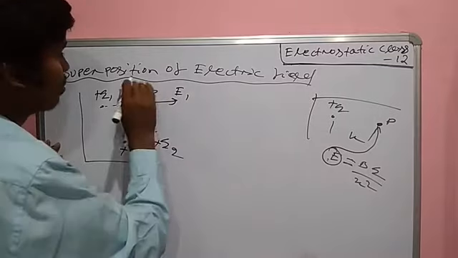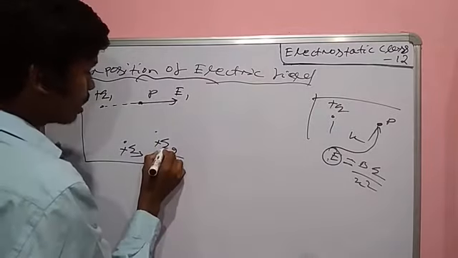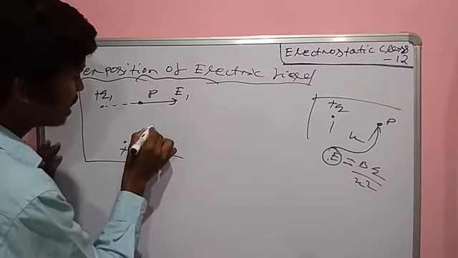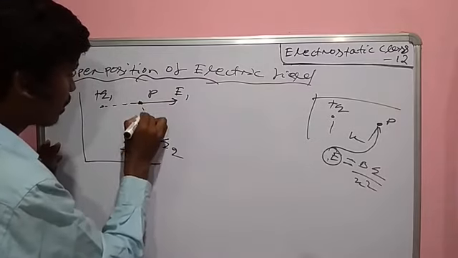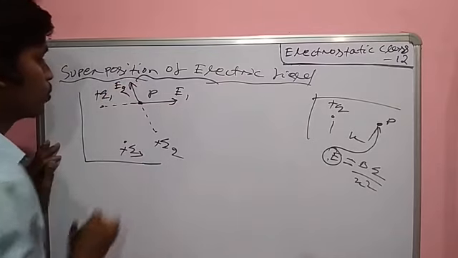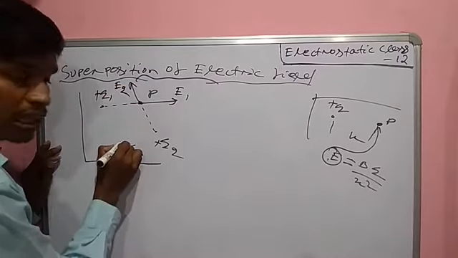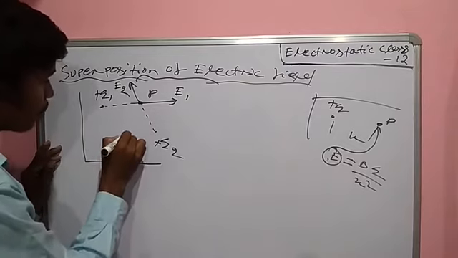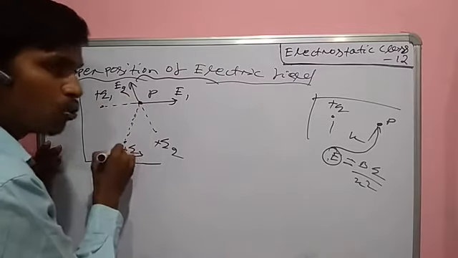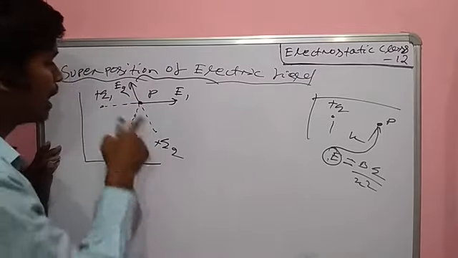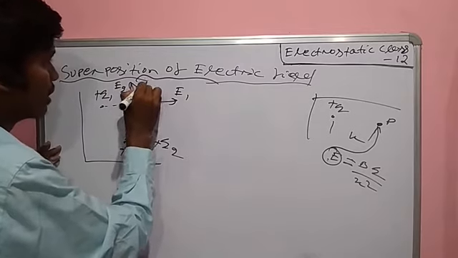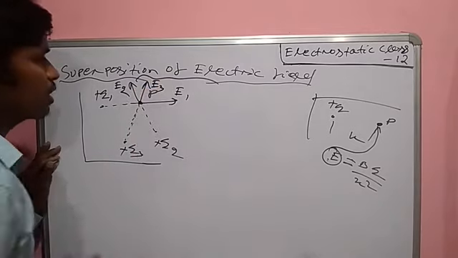Yes or no? Similarly, due to Q2 charge, field at point P is in this direction. That is named E2. Yes or no? Similarly, due to Q3 charge, the electric field at point P is in this direction, E3. Yes or no?